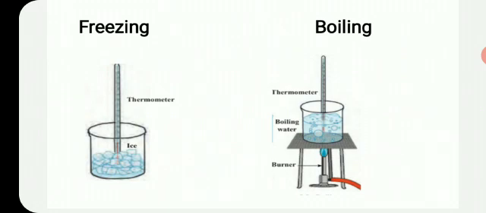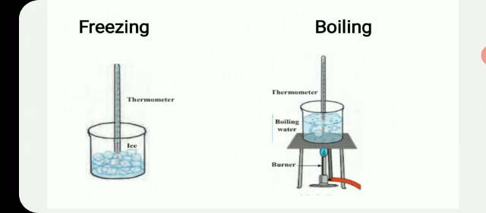Then as the burner is started, water starts boiling. As the water is boiling, we can measure the temperature of the boiling water. You will observe that the level of the mercury column will rise to a certain level.